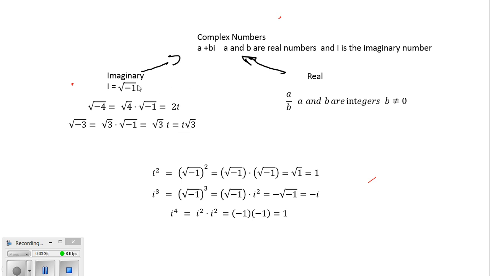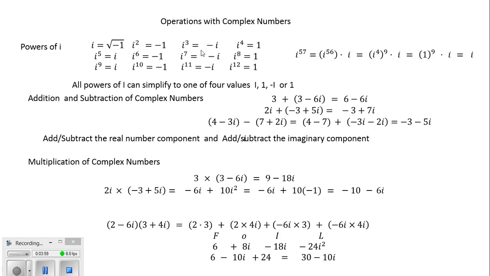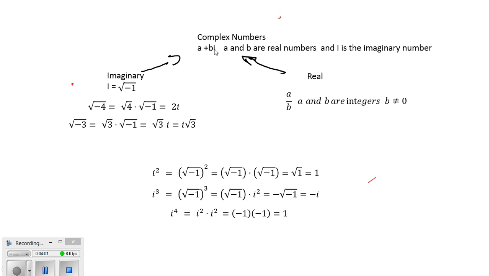So when we look at the union of the imaginary and the real, we have the complex. And a complex number is a number which can be expressed in the form a plus bi, where a and b are real numbers and i is the imaginary number. Of course, a number like 3 can be expressed like this, because it could be 3 plus 0i, okay?